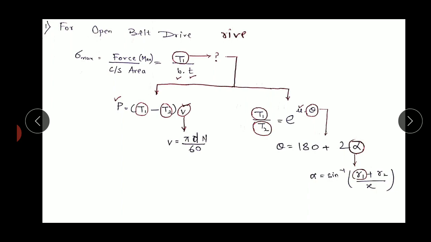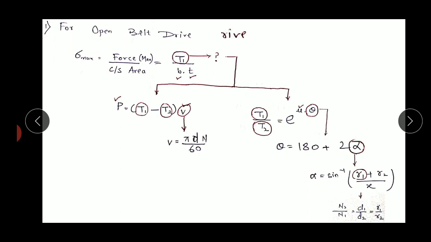So you should remember that in the theta equation you have to use 180 plus 2 alpha, and in the alpha equation also you have to use R1 plus R2. So positive sign for cross belt drive and negative sign for open belt drive. So how to find R1? N2 upon N1, both the speeds of the driving shaft and driven shaft are given, is equal to d1 upon d2.